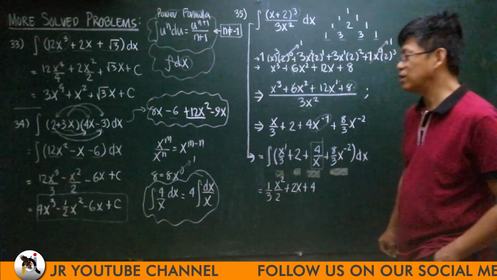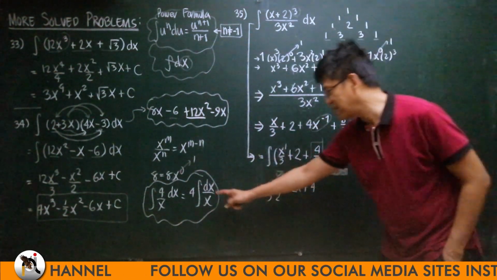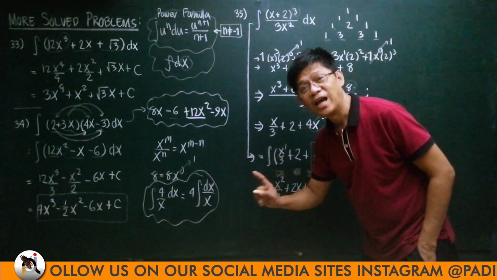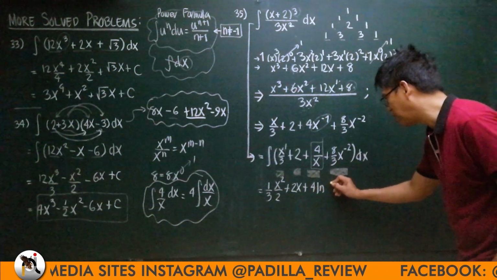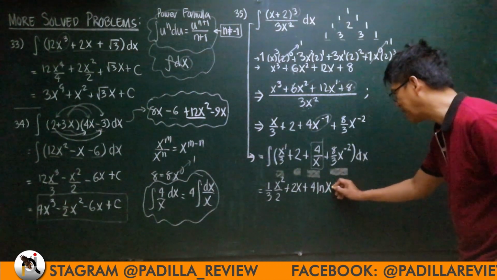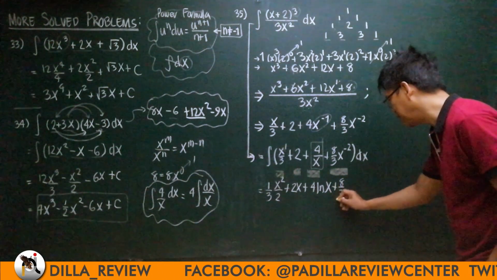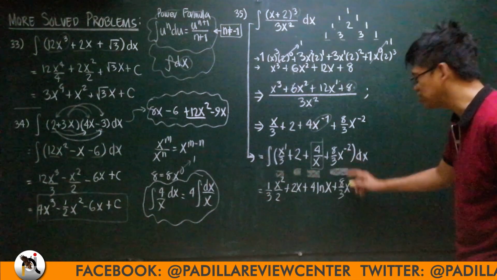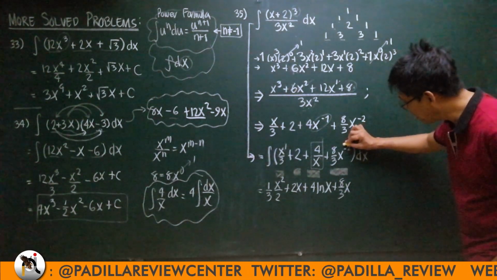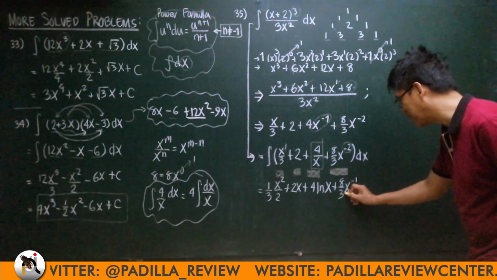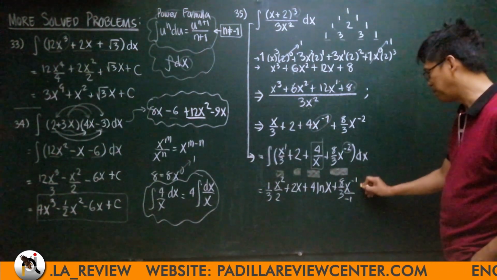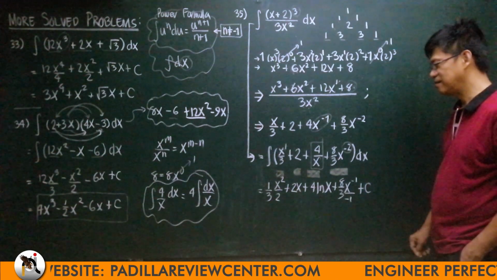Right? So that would be integral of dx over x, ln of x. Okay? 4 ln of x plus 8 over 3 integral of x to the minus 2 is minus 2 plus 1, minus 1 over minus 1 plus c, right?